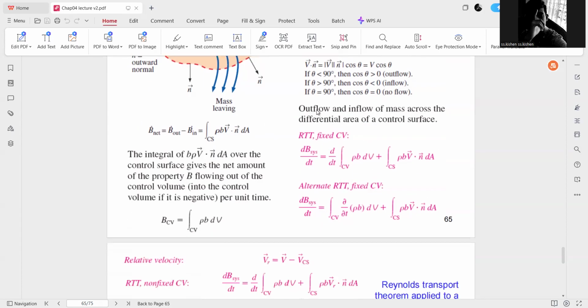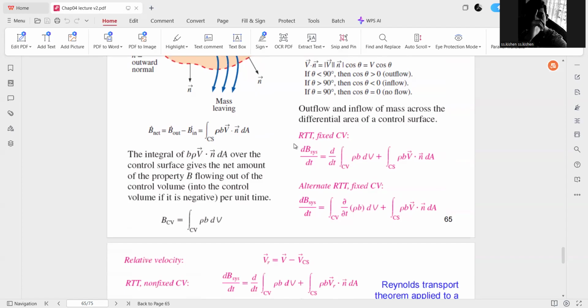So, the outflow and inflow of mass across the differential area of a control surface, RTT for a fixed CV.